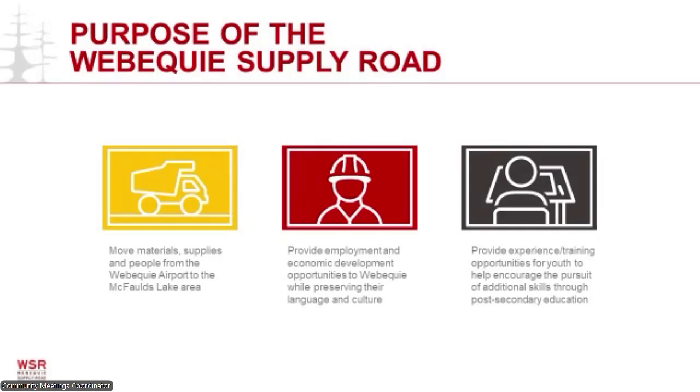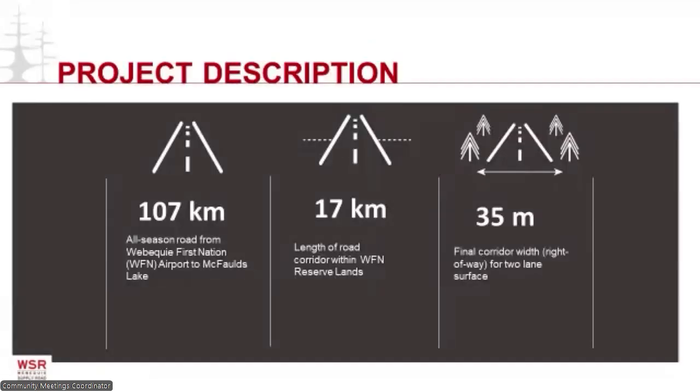The planned road will be 107 kilometers long, with 17 kilometers on the Webequie First Nation reserve lands. The corridor planning area is 2 kilometers wide, but the actual cleared area will be 35 meters wide.